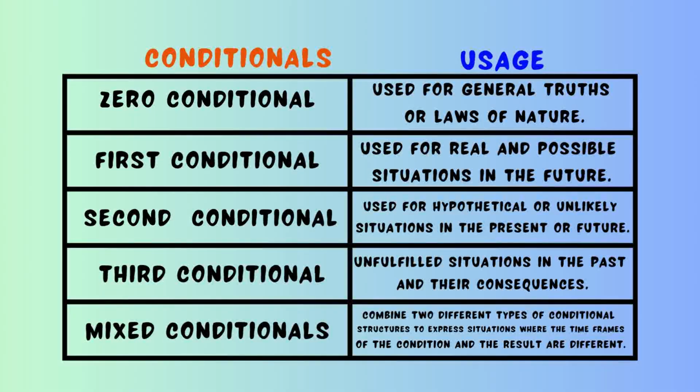Third conditional, unfulfilled situations in the past and their consequences. Mixed conditionals combine two different types of conditional structures to express situations where the time frames of the condition and the result are different.